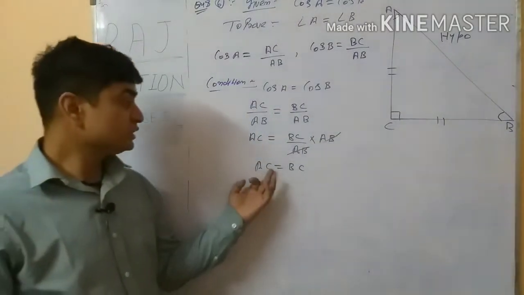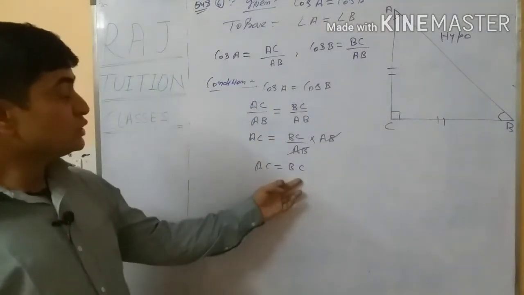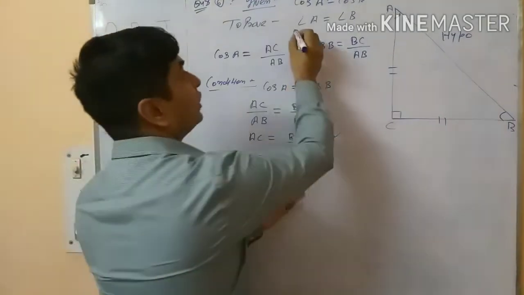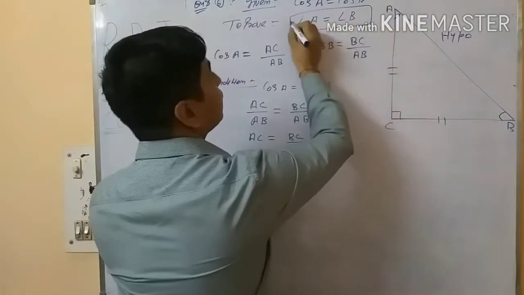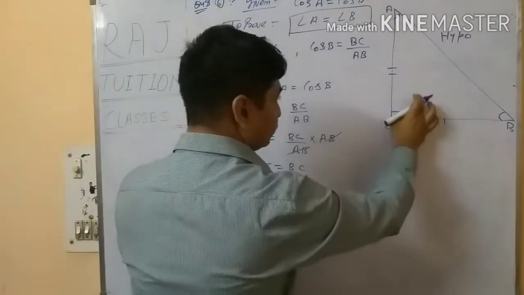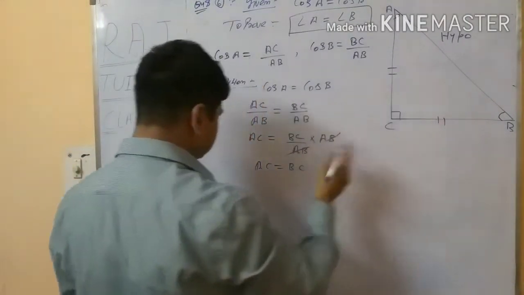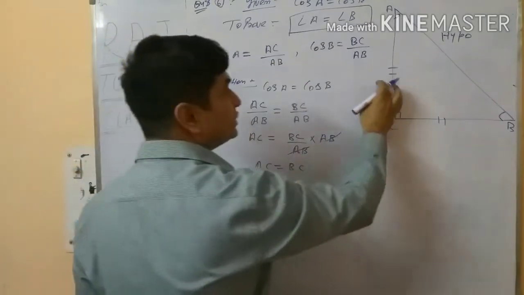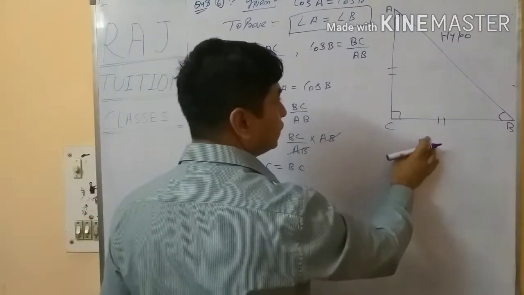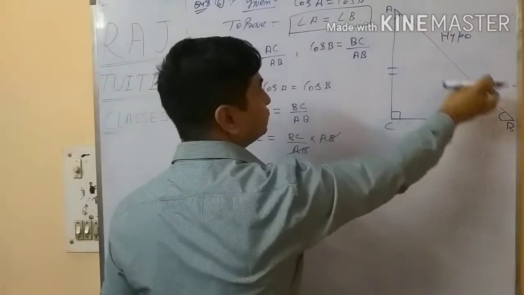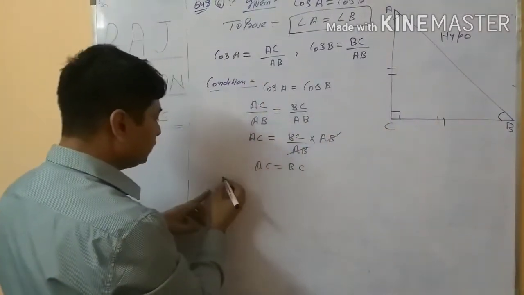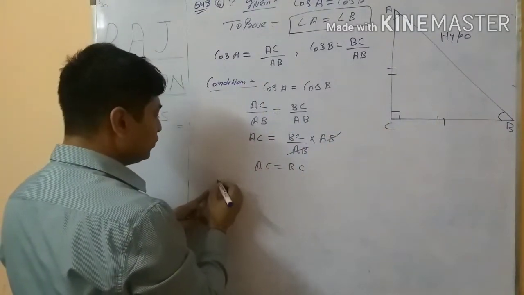Okay, AC equals BC. So what do we have to prove? Angle A equals angle B. So we know a theorem from our earlier classes that if the sides of a triangle are equal, then their opposite angles will also be equal. Angle opposite to equal sides, what do we know?